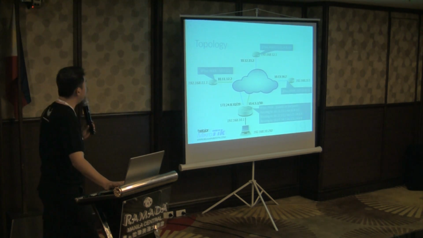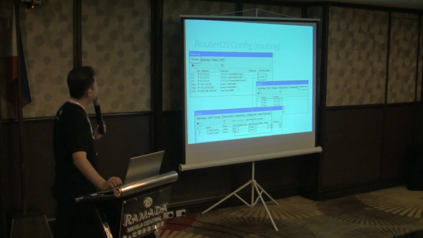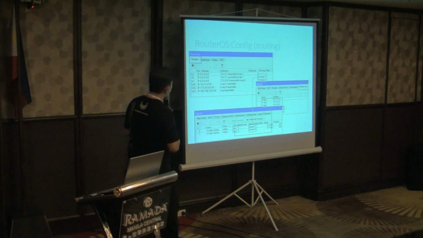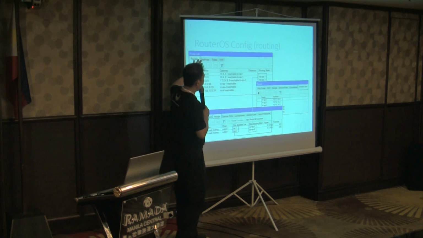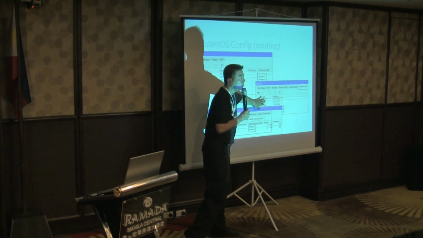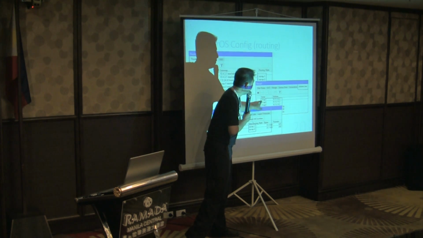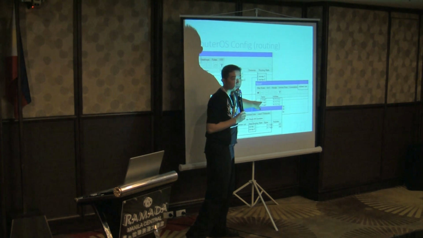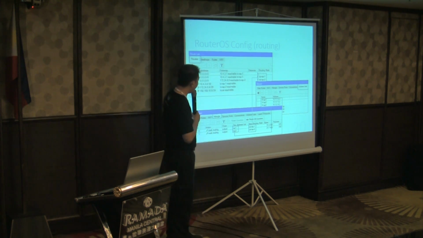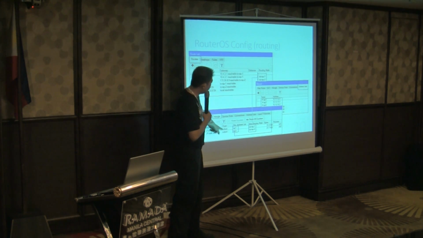This is how you can do it in MikroTik. In MikroTik we have a route list, and then we have an address list. We assign this IP to ISP number 1, and this IP to ISP number 2. Then we mark the routing.